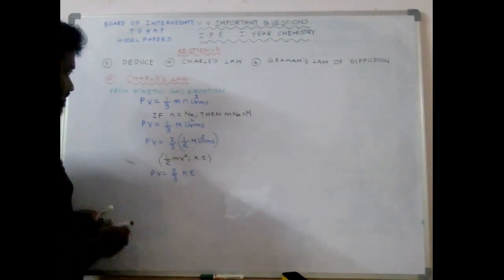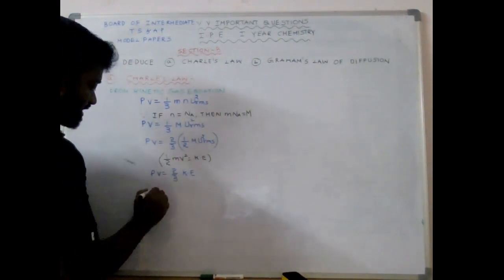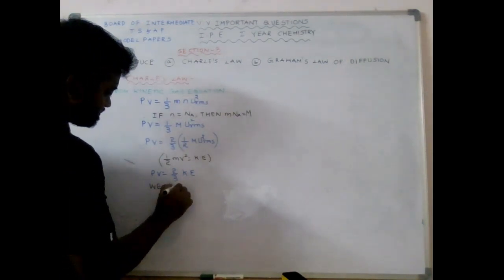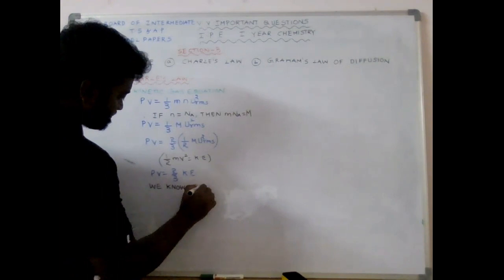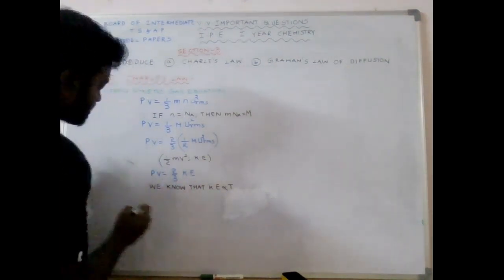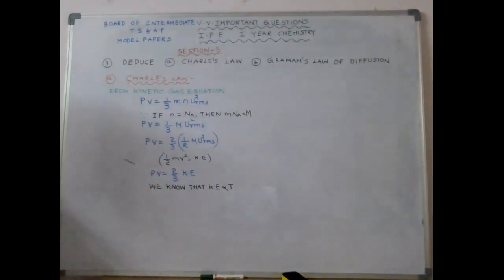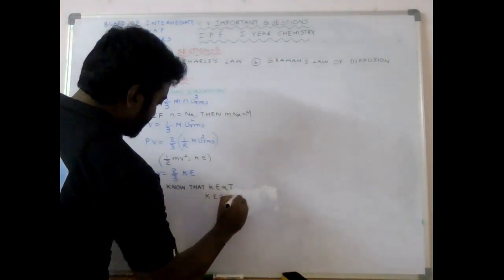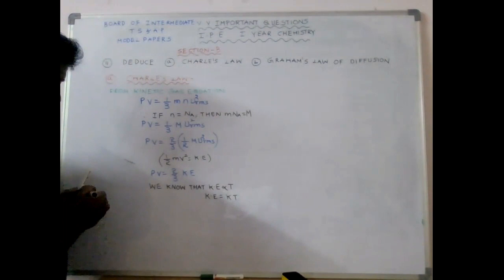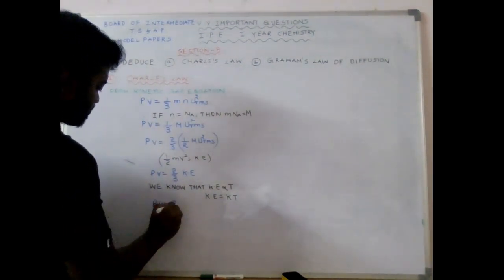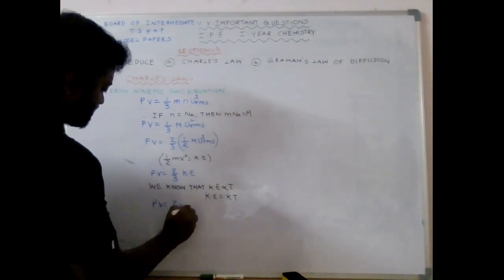But from the kinetic theory of molecular gases, we know that kinetic energy is always directly proportional to absolute temperature. So KE is equal to a constant into T, that is K into T. So in the next step, PV is equal to 2 by 3 KT.